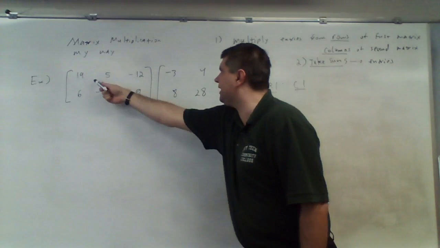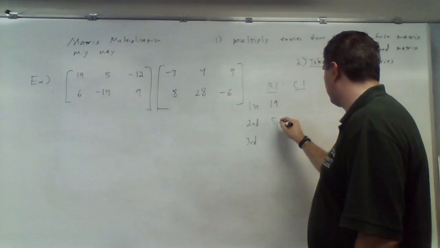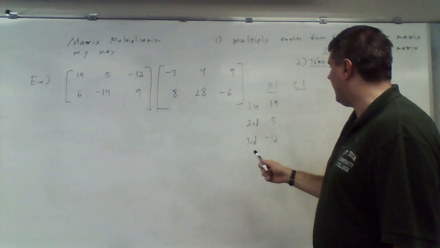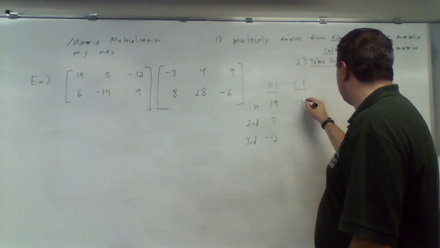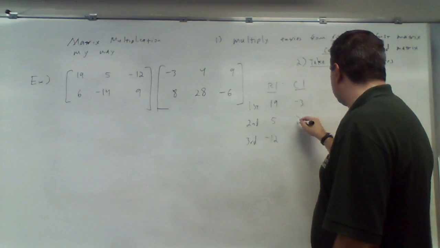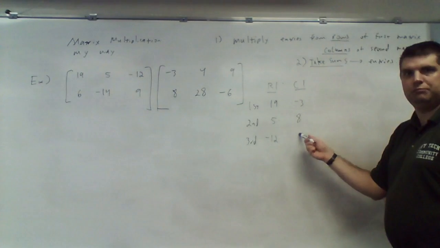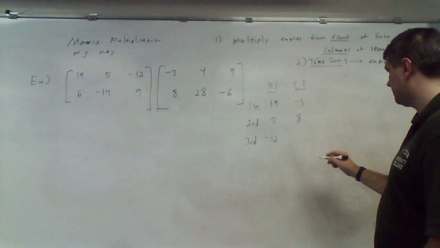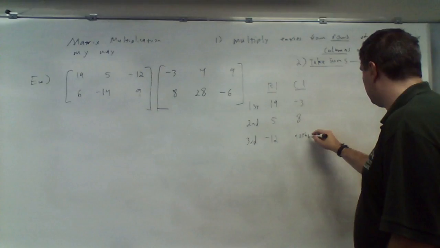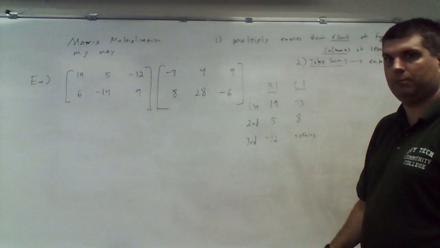So first entry, second entry, third. And then for column 1, the first entry is negative 3. The second entry is 8. And there's nothing to put there. Okay? Nothing at all.